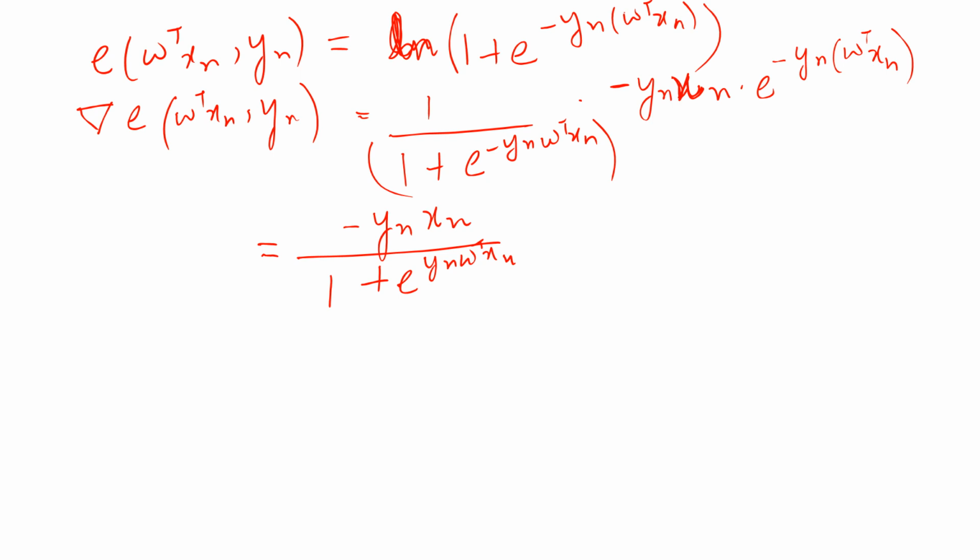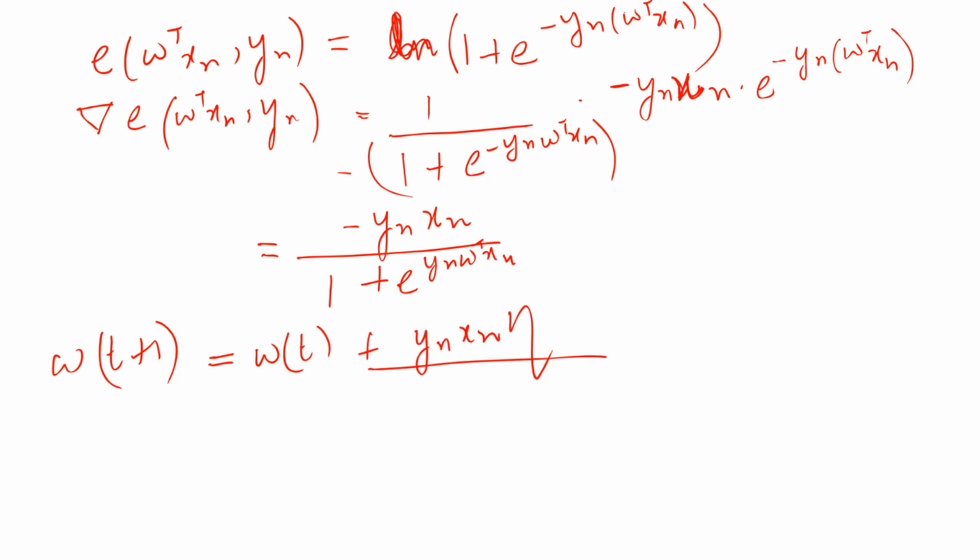If you remember, the overall gradient descent update rule was to have the gradient of this thing in my update rule. So my update rule in logistic regression now, with stochastic gradient descent, is going to look something like this, and of course the step size stays. Okay, so that's it. That's the update rule.